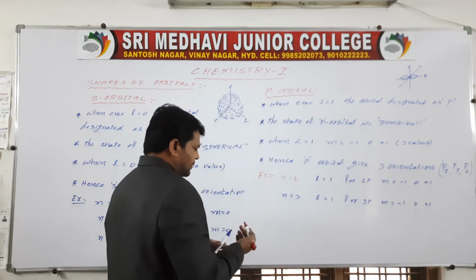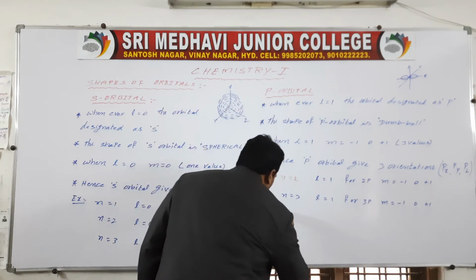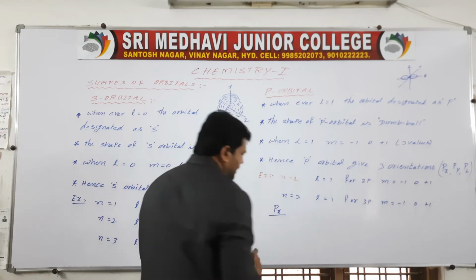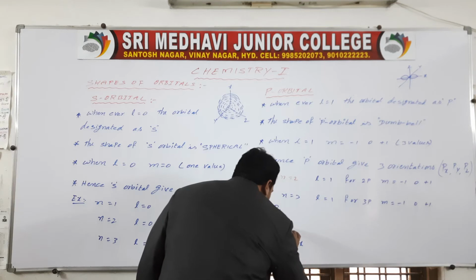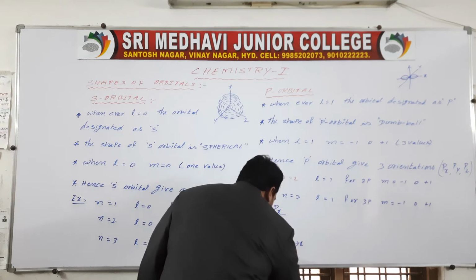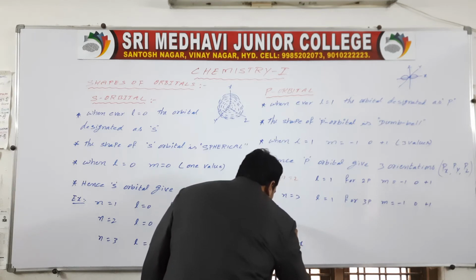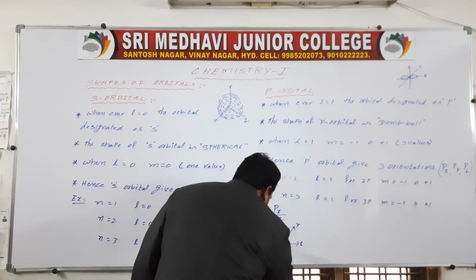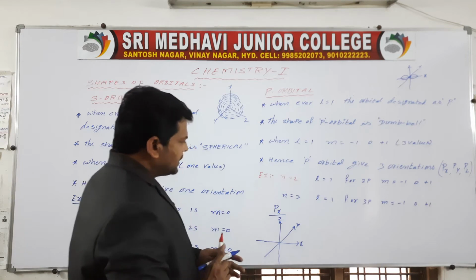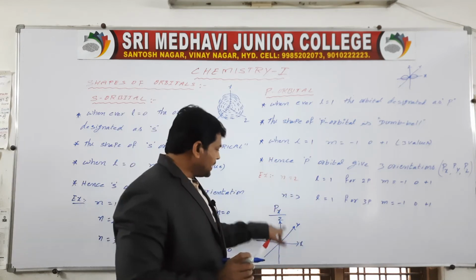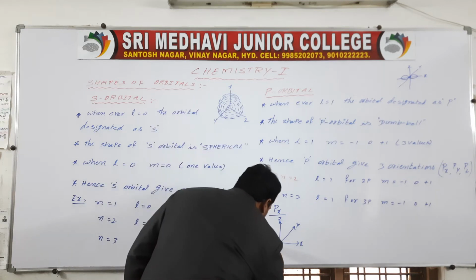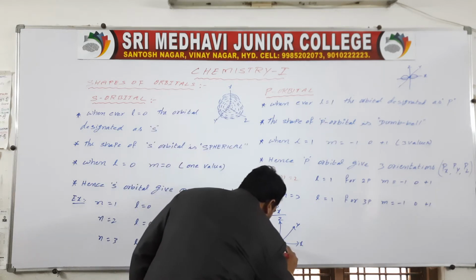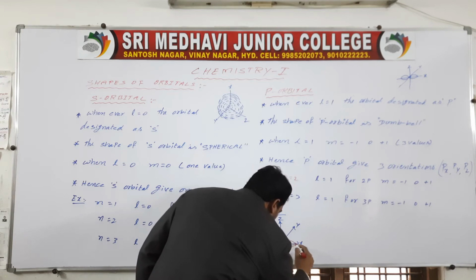Now shapes. If you take the px orbital shape, there is an x axis, z axis, and y axis. Then the lobes are on the x axis for the px orbital.